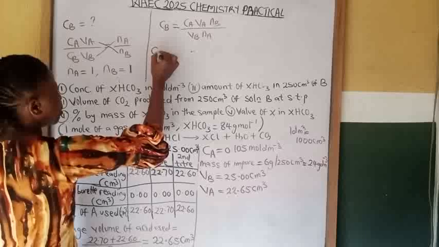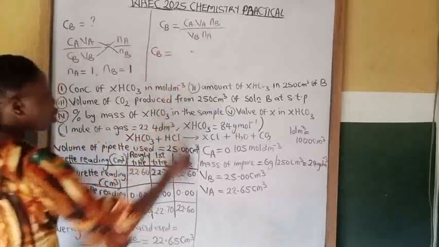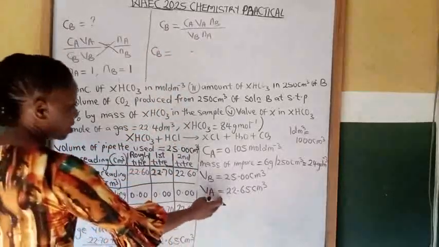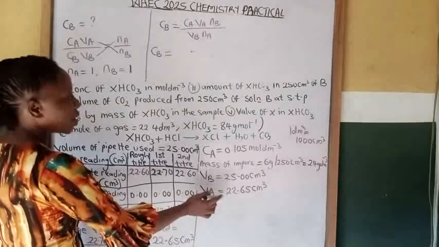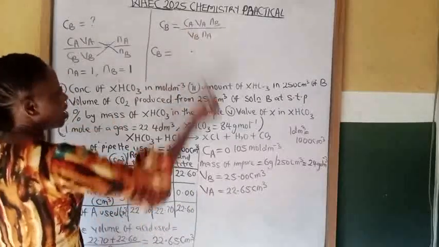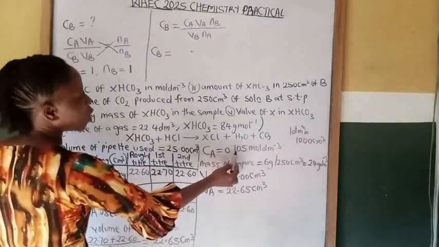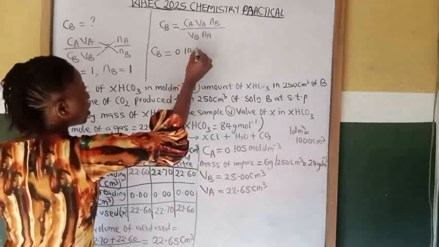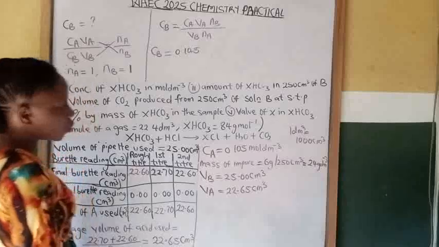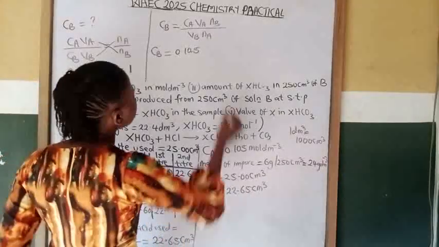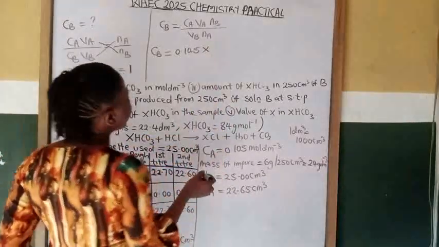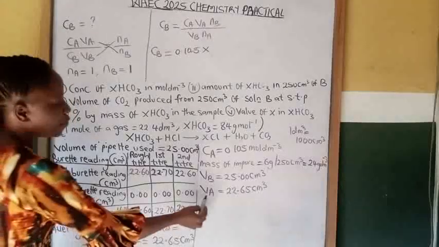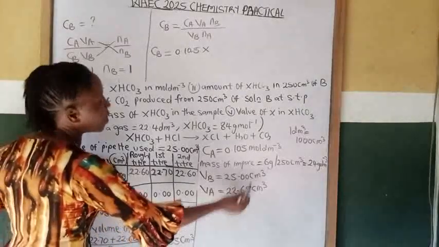So Cb will now be equal to, you can put all your parameters now. So what is my Ca? My Ca is 0.105 multiplied by Va. My Va is 22.65.